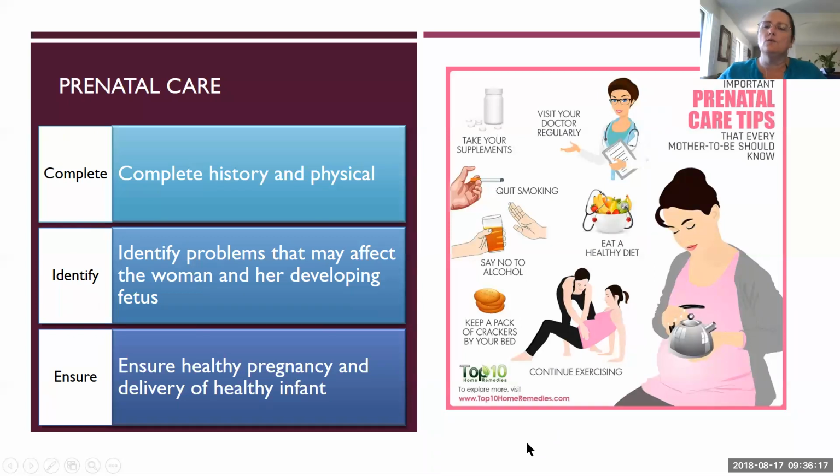So when a woman seeks prenatal care, some of the things that we do is look at a complete physical and history, and look at some of the chronic things that she might already have that could affect the developing fetus, and then talk about the things that she should be avoiding. I hear a lot of times, "My doctor told me to have a glass of wine every day."